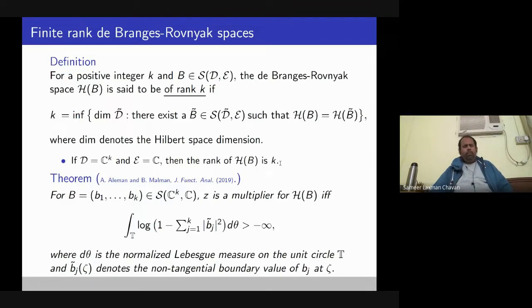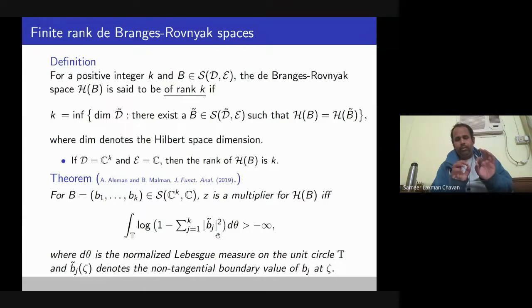So now we'll focus on finite rank de Branges spaces, and one may think that the study of classical and finite rank are both similar, and the methods involved should be similar, but there are some surprises. Okay, so firstly, if you look at the characterization of multipliers, z is a multiplier, here there is no counterpart of non-extreme point.